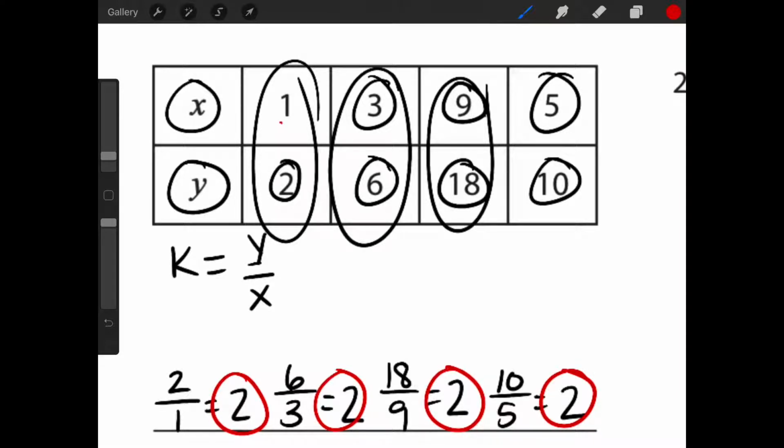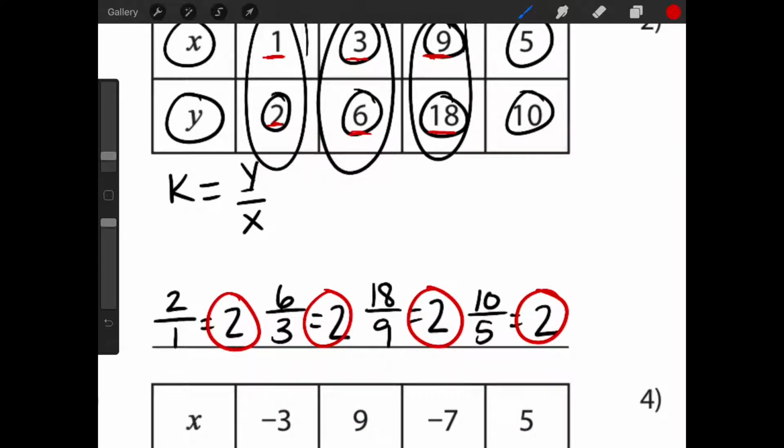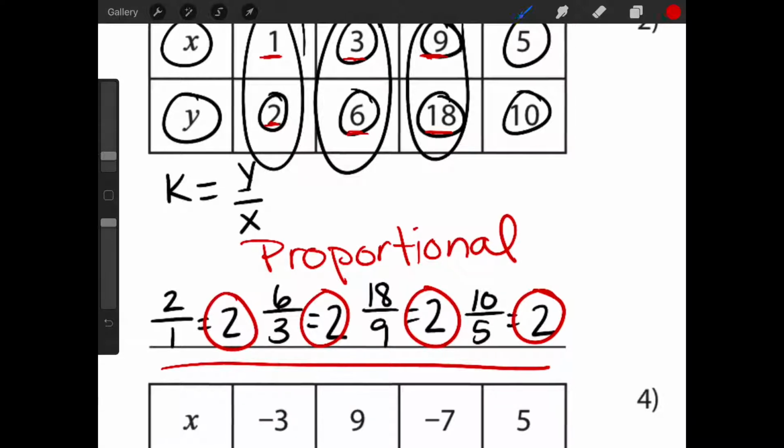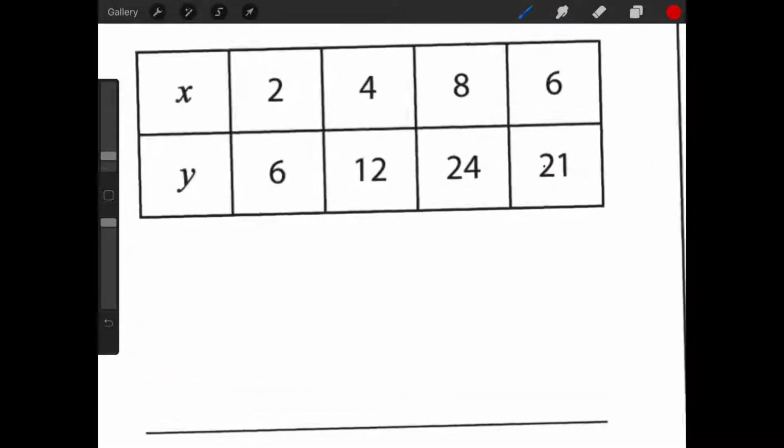I'm multiplying my X times 2 to get Y. 3 times 2, 6. 9 times 2, 18. And so there is a constant change there. In this case, here is my proof because I did all the work. And yes, this is a proportional table because it has a constant rate of change. It's changing the same every time. It's multiplying by 2.